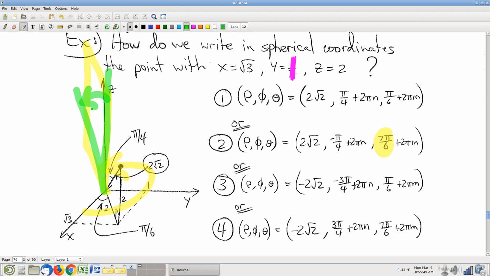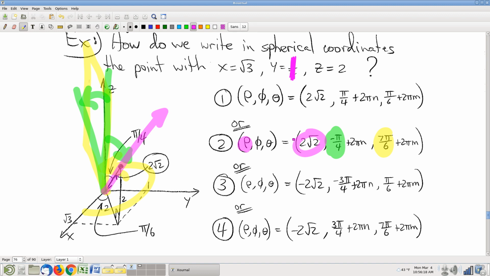Phi can be negative, and with a negative choice of phi, negative pi over 4, that gets me going in the correct direction. Now, having turned around and then leaned back, I am still pointing right toward that same point. And so rho, again, 2 square root of 2.